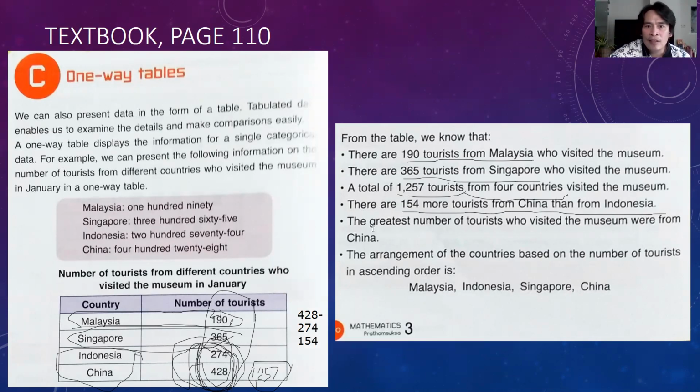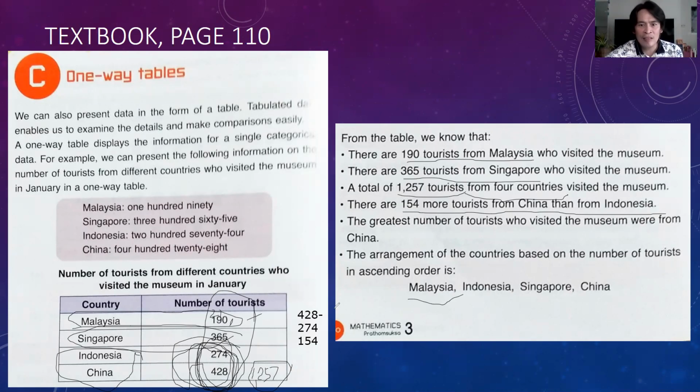Okay, next. The greatest number of tourists who visited the museum were from China. Let me see. Correct. And then the last information. The arrangement of the countries based on the number of tourists in ascending order is Malaysia first, 190.